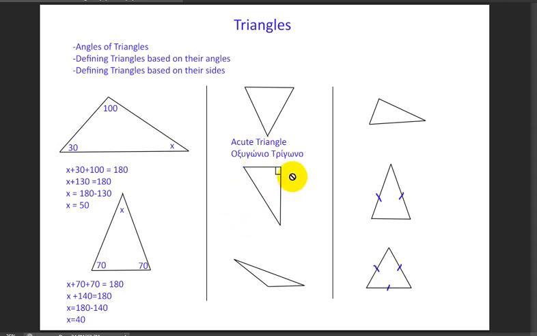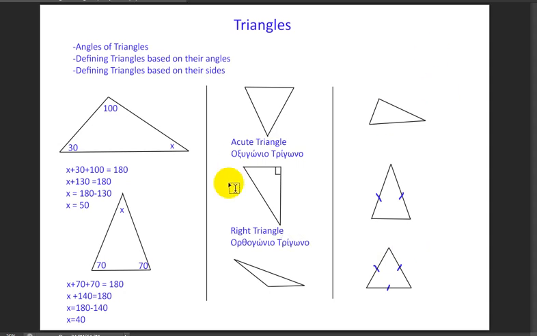My next category is the right triangle. The right triangle has one right angle, as you can see here by the little box that we said yesterday signifies a right angle. A right triangle has exactly one of those. No triangle can have more than one, because again, we said that the sum of the angles needs to always be 180.